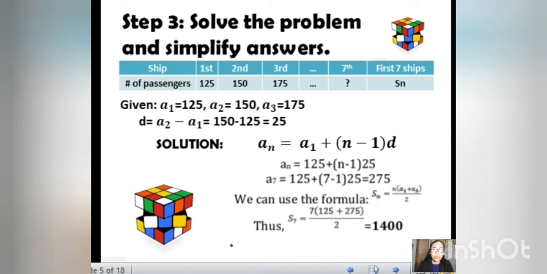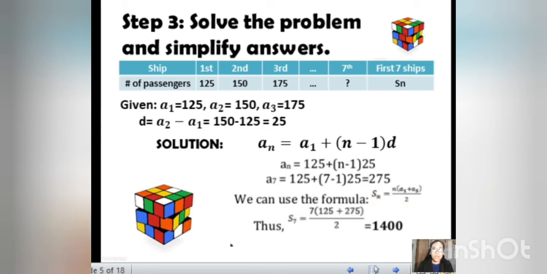Now, we can use the formula in finding the sum of an arithmetic sequence. Given S sub n is equal to n times the quantity a sub 1 plus a sub n, divided by 2. So thus, we have S sub 7 is equal to 7 times the quantity 125 plus 275. 125 is your first term, which is a sub 1, plus your 275, which is your 7th term or your last term, divided by 2.